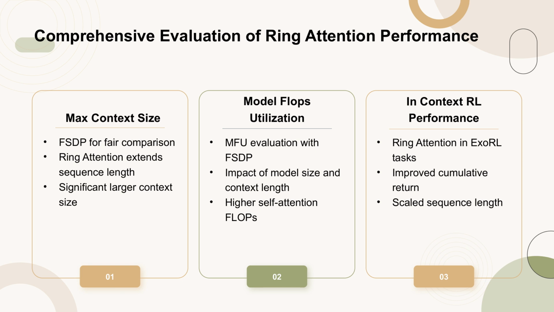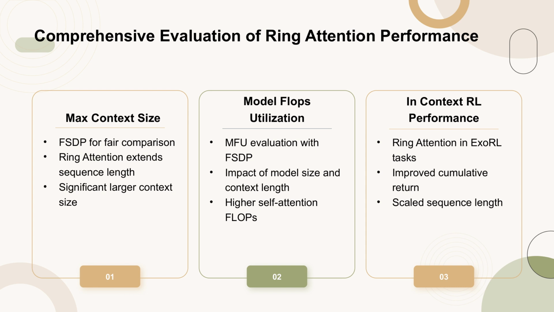In terms of model flops utilization, MFU, we assess the impact of model size and context length. Ring attention results in higher self-attention flops, which is expected due to its design. Lastly, in the context of reinforcement learning, ring attention improves performance on ExORL tasks by scaling the sequence length, leading to better cumulative returns.